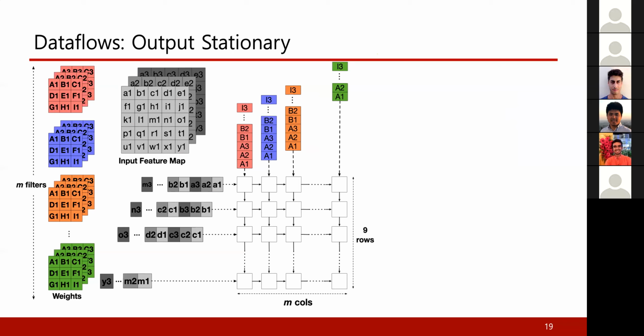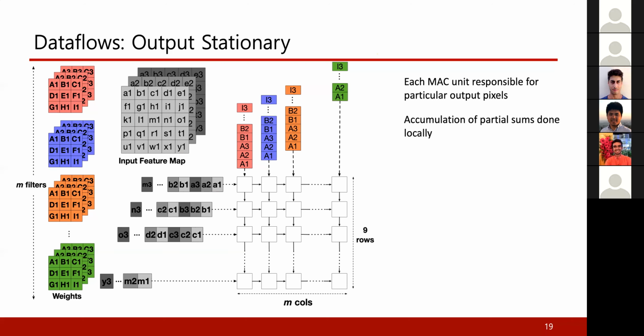So it can fit neatly into a 9 cross M systolic array, like we have shown over here. As I mentioned before, each MAC is now responsible for generating a particular output pixel, and accumulation of partial sums is now done locally. And as you might have already guessed, each column generates pixels for a different output channel, simply because each column gets a different filter as its input.